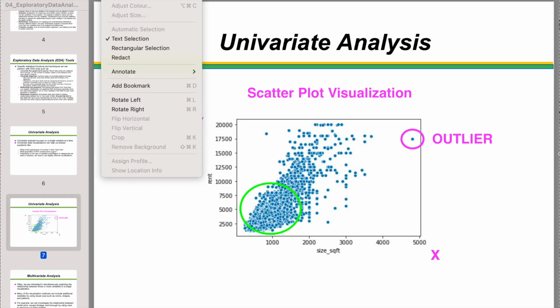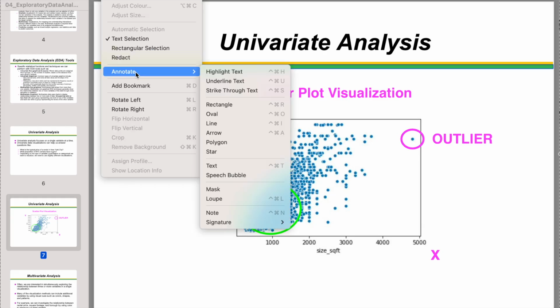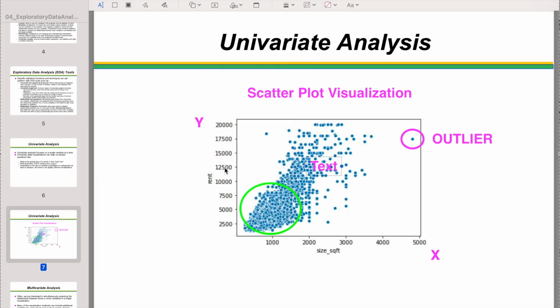So let me add something here. Let's say that this is cluster 1.